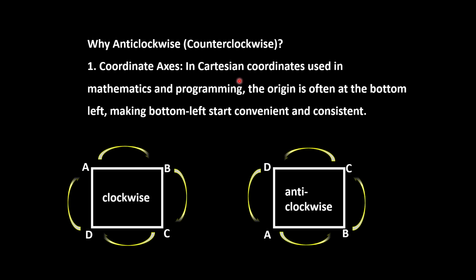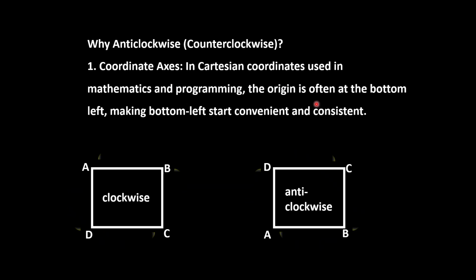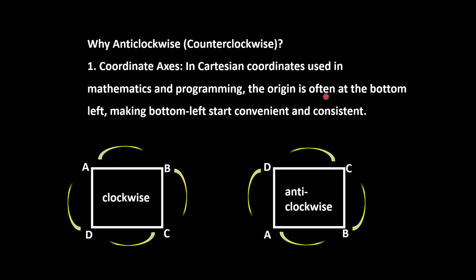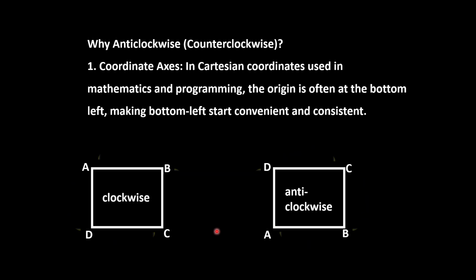In Cartesian coordinates used in mathematics and programming, the origin is often at the bottom left. Supposing you don't need the negative part, it all has to be positive, like population graphs, the 0, 0 will always be at the bottom left. You extend the axes only if there are negative values.